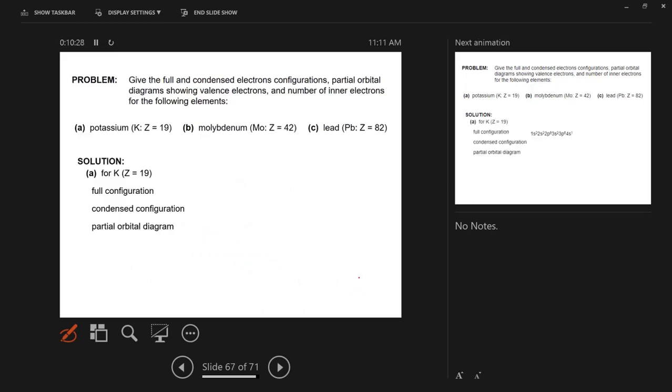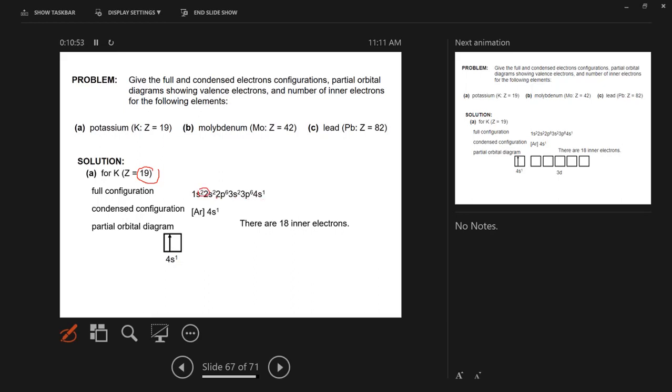Give the full and condensed electron configuration, partial orbital diagram showing valence electrons and number of inner electrons for the following element. So potassium, the atomic number is 19. The full configuration is 1s2, 2s2, 2p6, 3s2, 3p6 and 4s1.